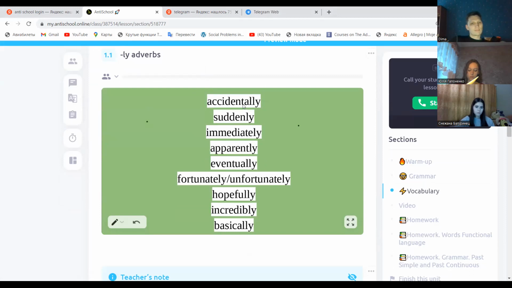First one, accidentally. When you make stories, you can use this word. Accidentally, it means, what does it mean? Неожиданно. Неожиданно, случайно, да?